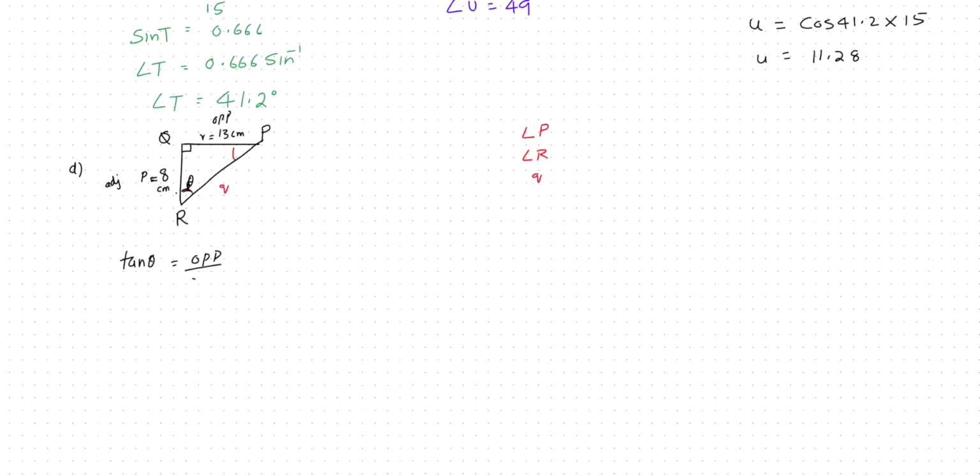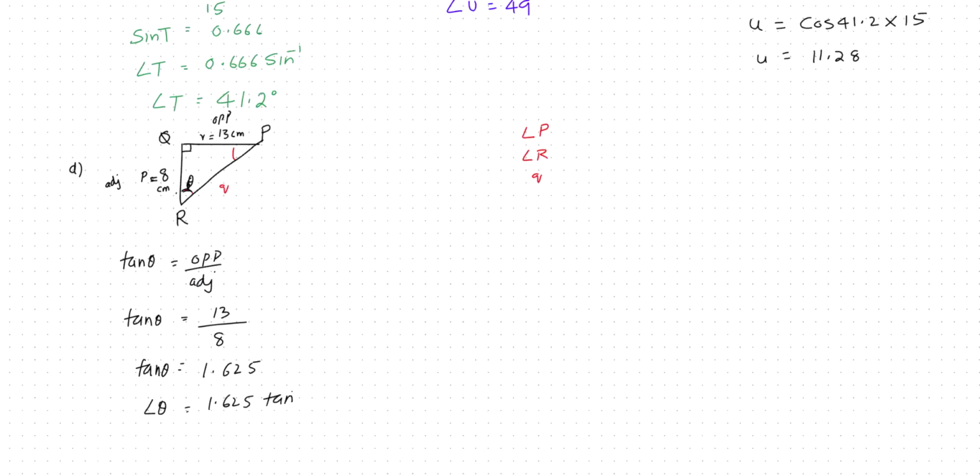So tan theta equals opposite is 13 and adjacent is 8. So 13 divided by 8, 1.625. So angle theta equals tan inverse of 1.625.